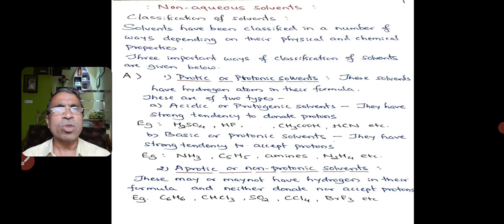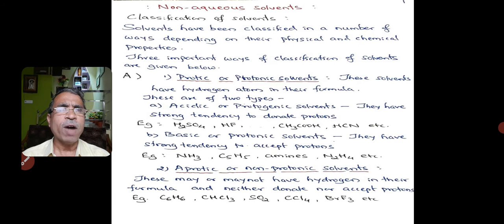Of course, organic solvents like benzene, alcohol, ether, acetone, etc. will also be non-aqueous solvents, which are generally of organic nature. But today's class deals with non-aqueous solvents which are concerned with inorganic systems. So before we know about it, let us know the classification of the solvents.